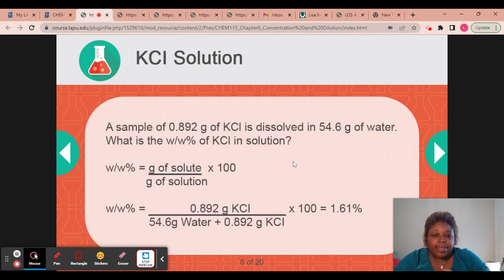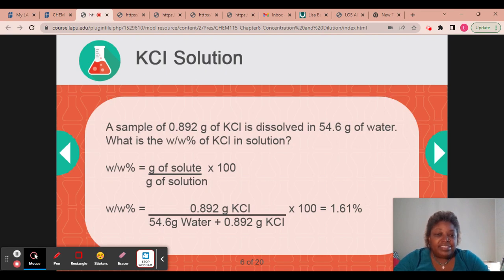All right, so let's look at a weight percent problem. WW stands for weight, and then the percent. So we have a sample of 0.892 grams of KCl dissolved in 54.6 grams of water, and we want to know the weight percent of KCl.